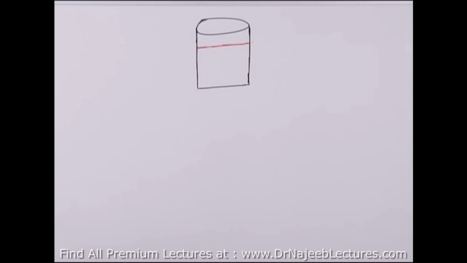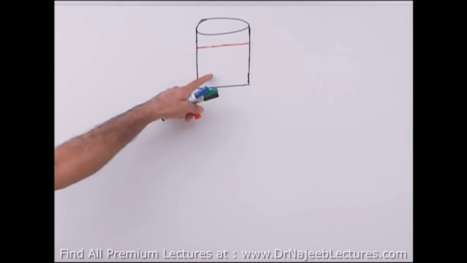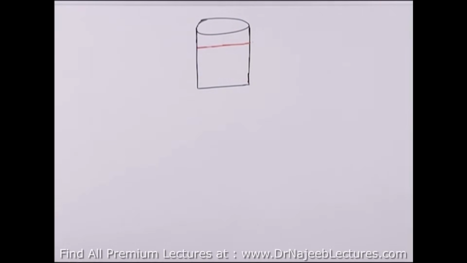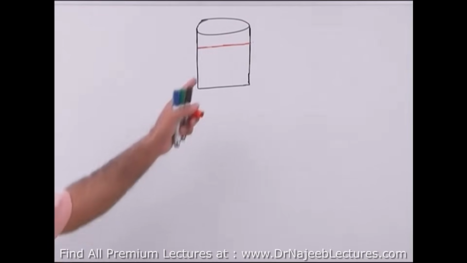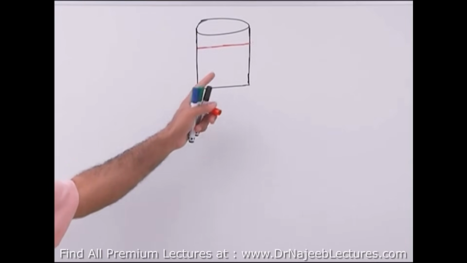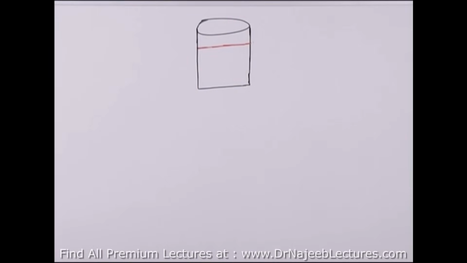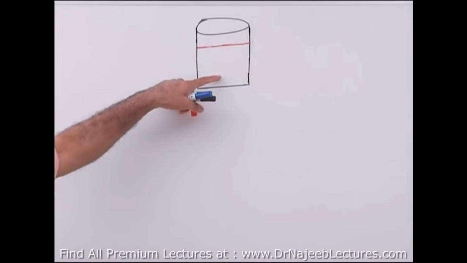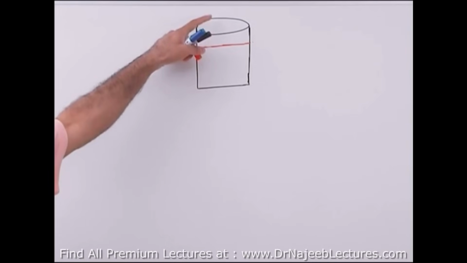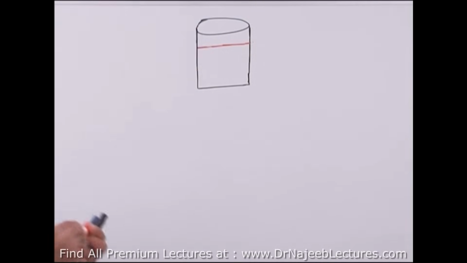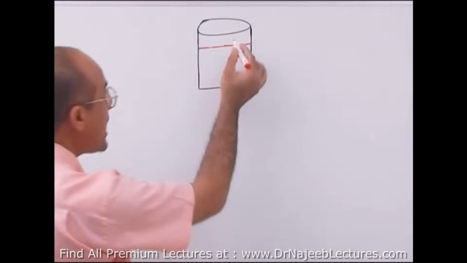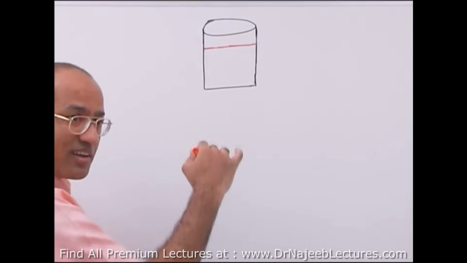We anticoagulate the blood so that it does not coagulate, and then centrifuge it. So naturally, what will happen? When anticoagulated blood is centrifuged, the cells will come down and plasma will remain up. Good, you know these things. The cells will settle down.